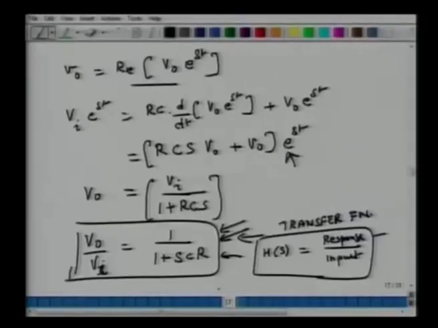Remember, when we did this, V0 is complex and so is Vi. Similarly, I can be complex. When I want to measure the actual current, then I take its real component.